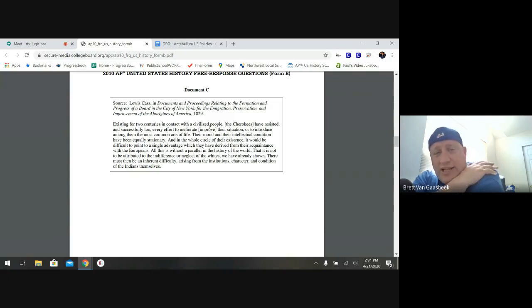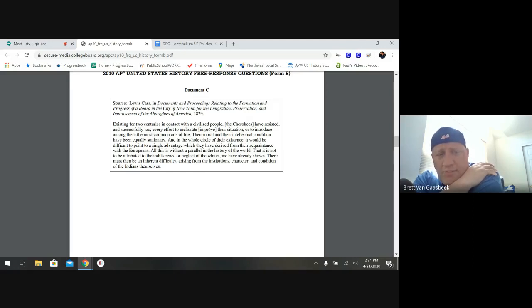Okay. He's going to write in there, existing for two centuries in contact with a civilized people, the Cherokees have resisted, and successfully too, every effort to ameliorate or improve their situation or to introduce among them the most common arts of life. Their moral and their intellectual condition have been equally stationary, and in the whole circle of their existence, it would be difficult to point to a single advantage which they have derived from their acquaintance with the Europeans.